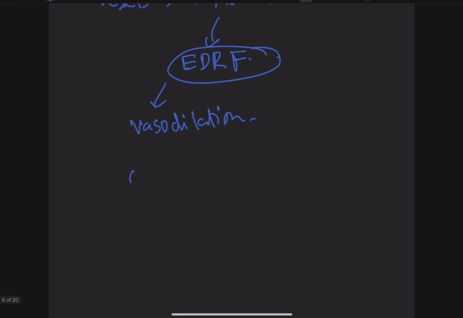We also have M3 receptor in the ciliary muscle of the eye. Ciliary muscle of the eye.